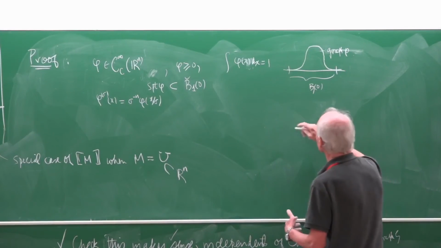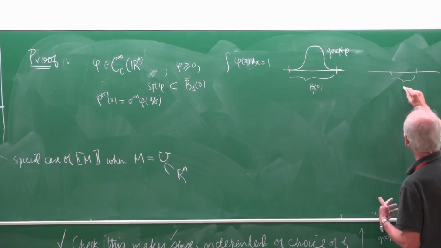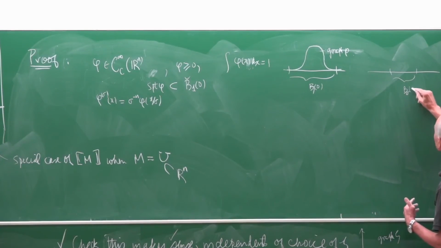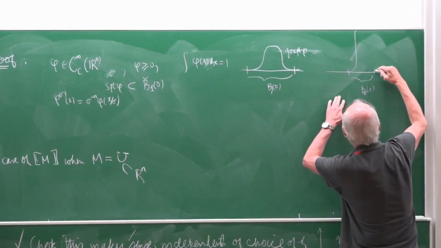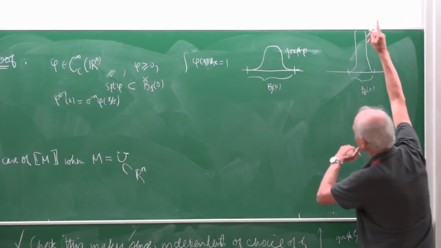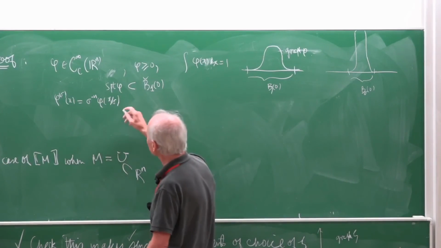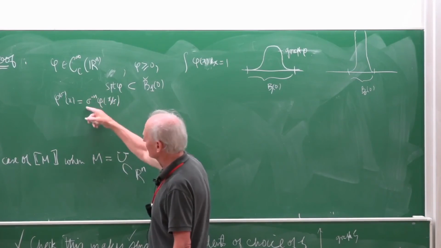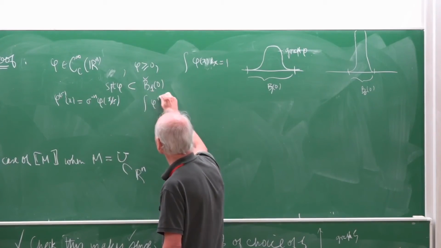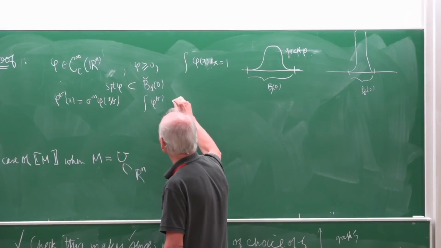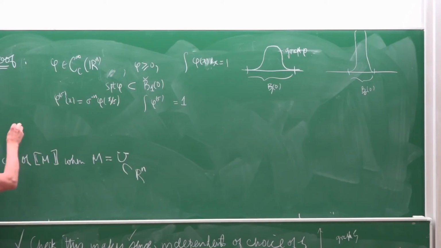So this would be phi sigma, and when sigma is small, that's a very small interval, and then it goes way up there. Notice by change of variable, this still has integral equal to 1. That's why you need to put in the factor sigma to the minus n. So the integral of phi sigma is still equal to 1. And you use this to mollify functions.